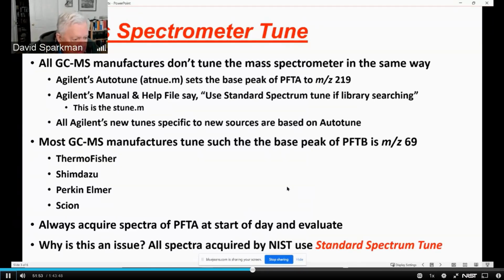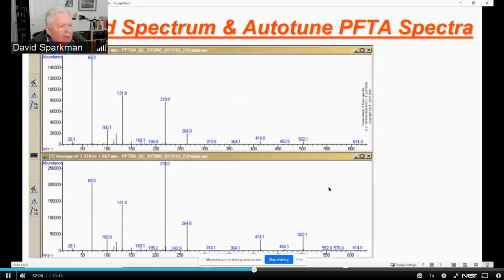Why is this an issue? The reason it's an issue is all the spectra in the NIST library are acquired by NIST using the standard spectrum tune. Now, what is this difference? On the top is the standard spectrum tune, right?